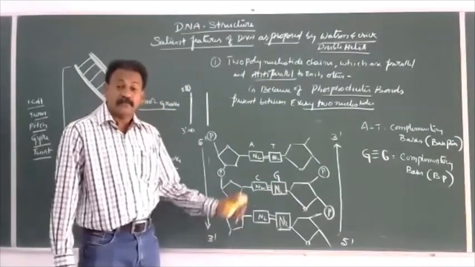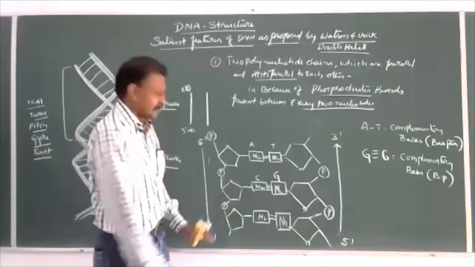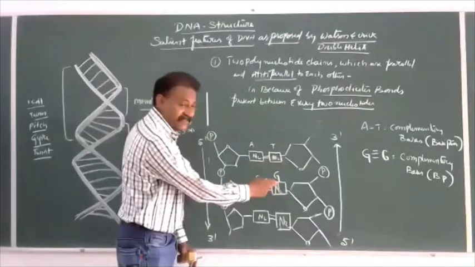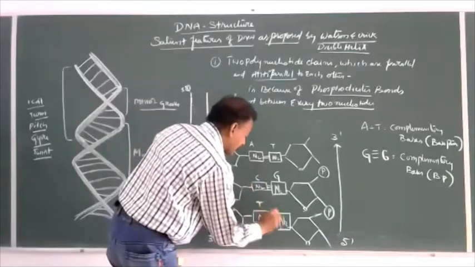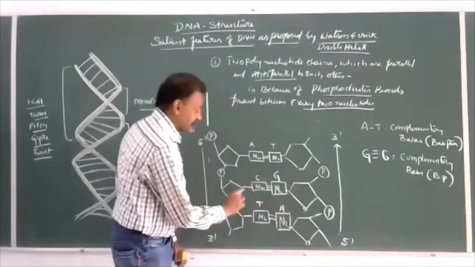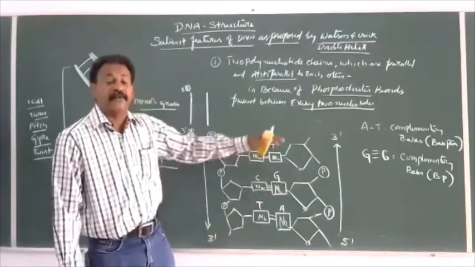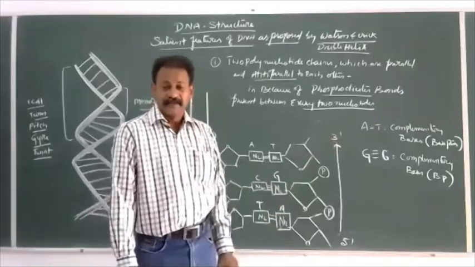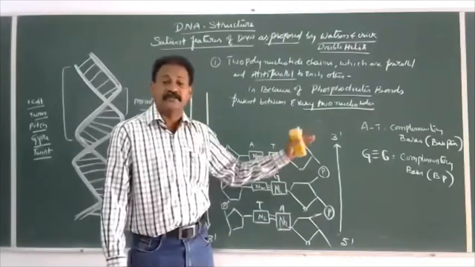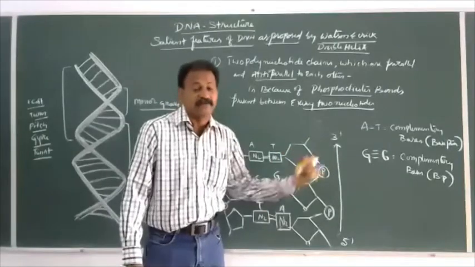So the hallmark proposition of complementary base pairs: always C bonds with G or always G bonds with C, always T bonds with A or always A bonds with T. A, T, G, C are complementary to each other, and this is called base complementation. And it is the hallmark proposition, and he concluded it like this.